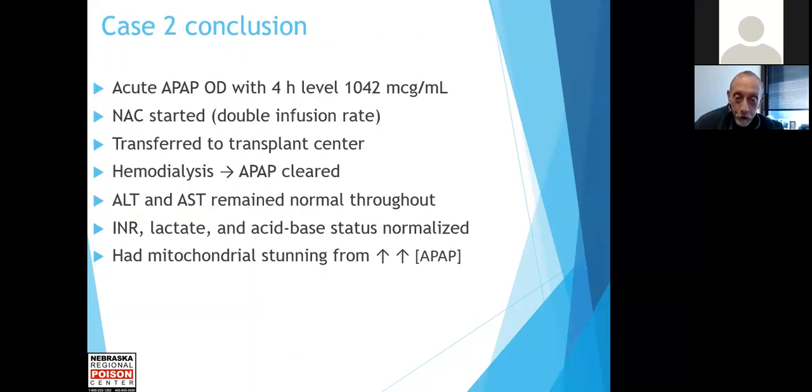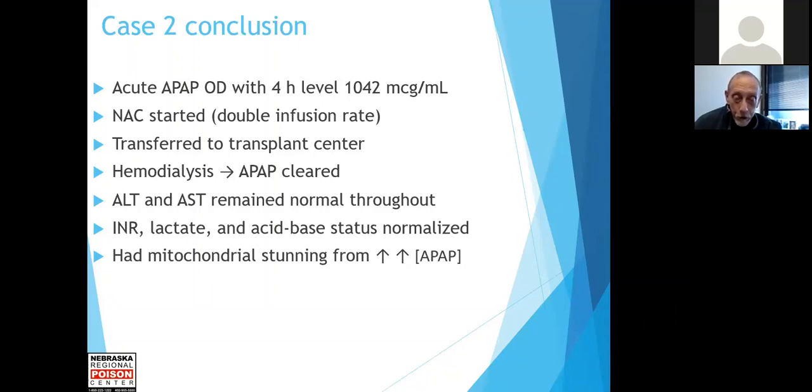The second case with 4-hour acetaminophen greater than 1,000. So he was a phone consult, not in our catchment area immediately. He was in a distant area. He was transferred to an out-of-state transplant center.